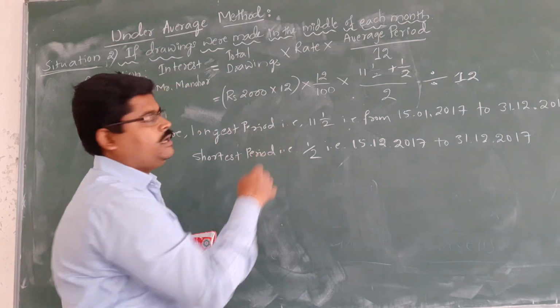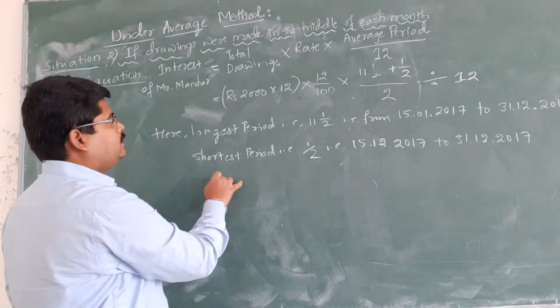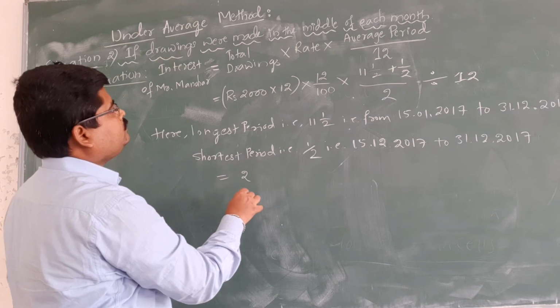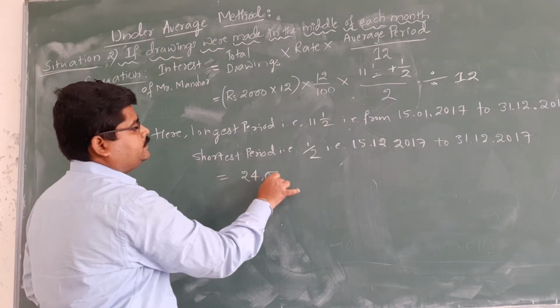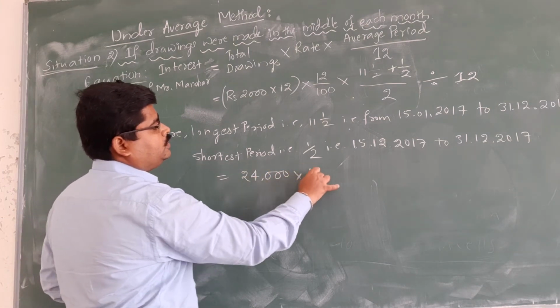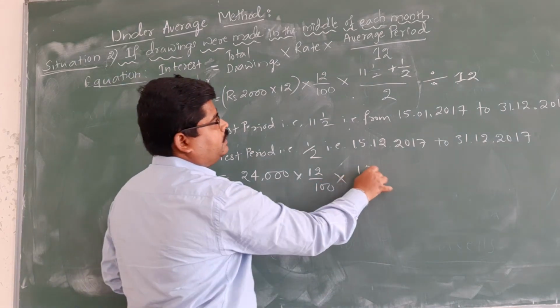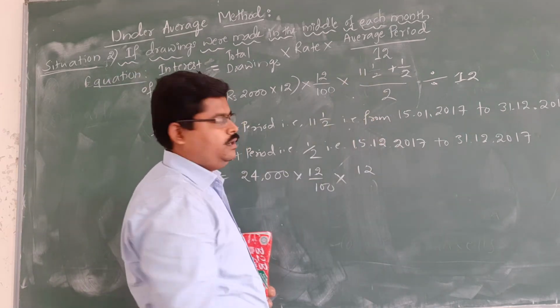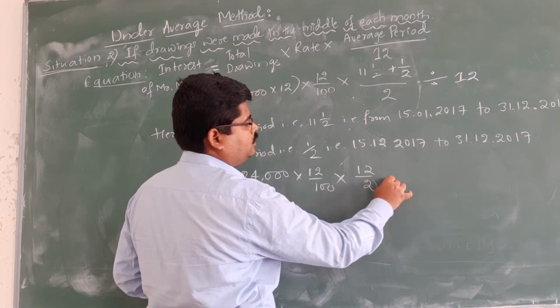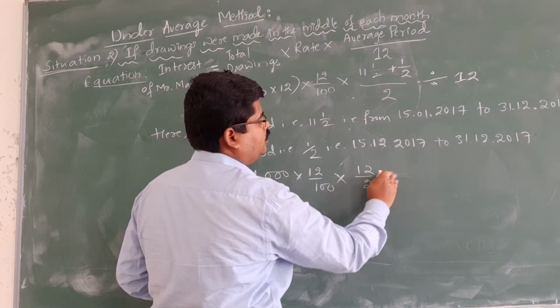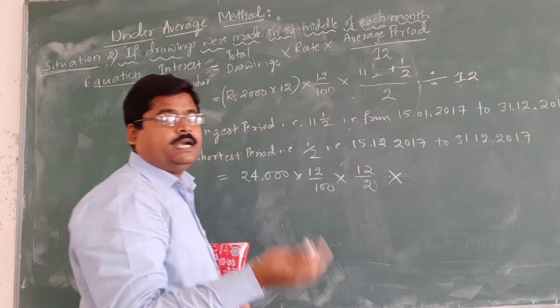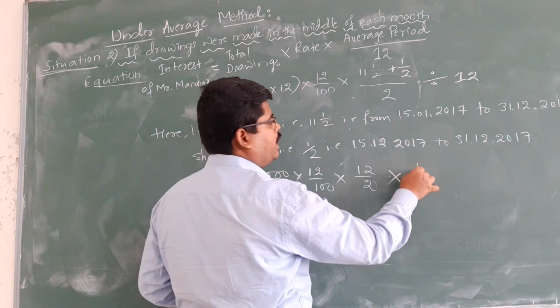If we are going to simplify, what will we get? 24,000 into 12 divided by 100 into 11 and a half plus half, which means 12, divided by 2, into 1 divided by 12.